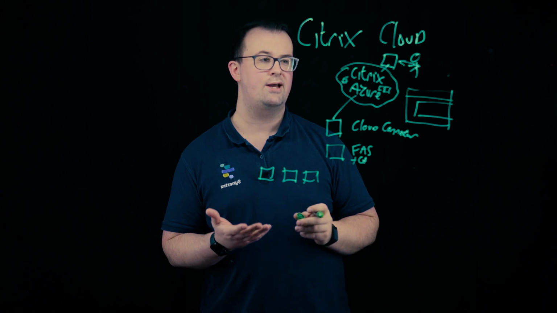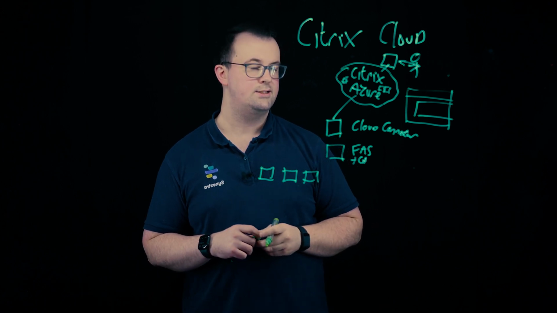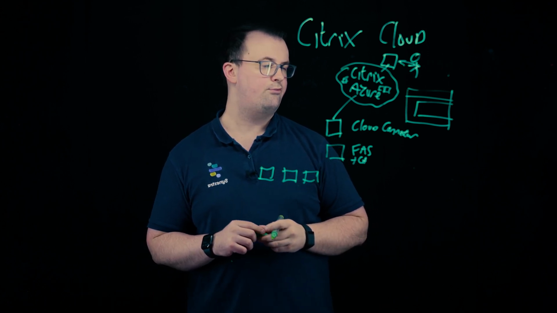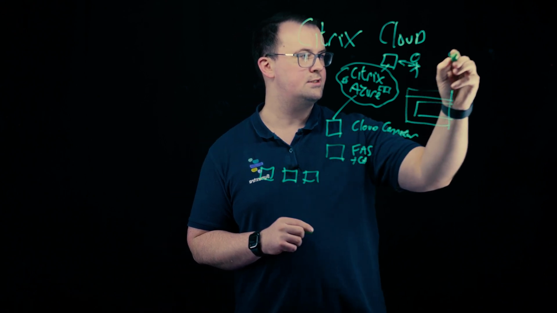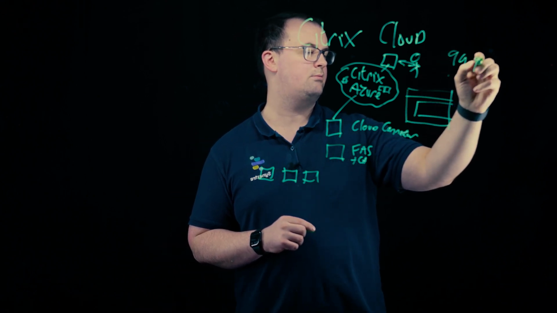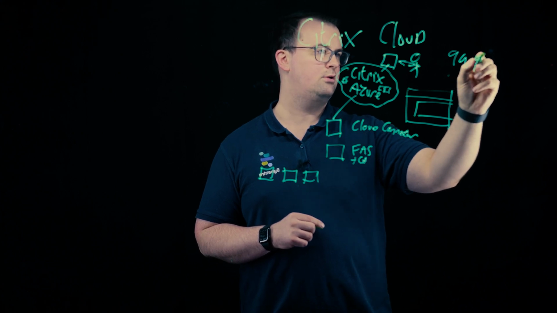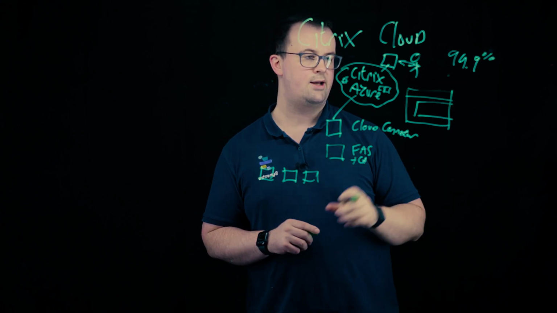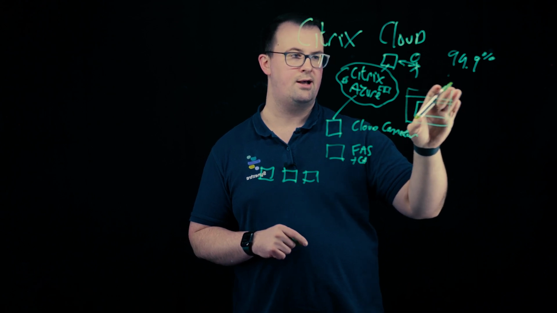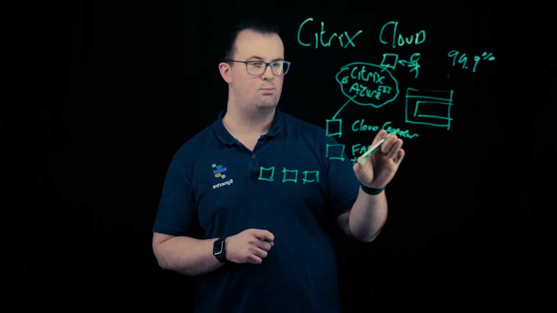But the one caveat of Citrix Cloud is the SLAs. From the top of my mind, I think it's either 99.9% or 99.95%. We'll put 99.9 for now. And that's because their infrastructure in that scenario just isn't super robust.